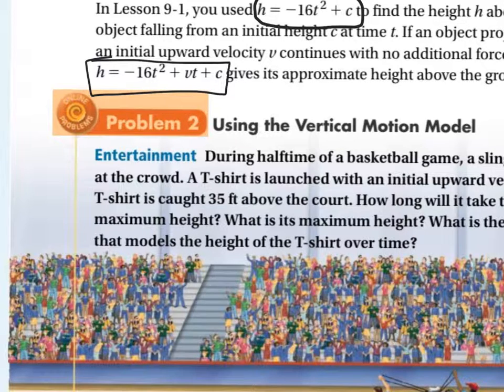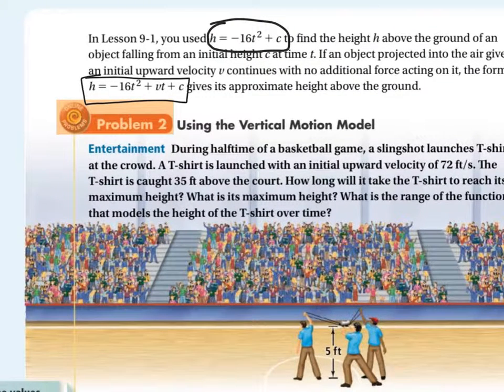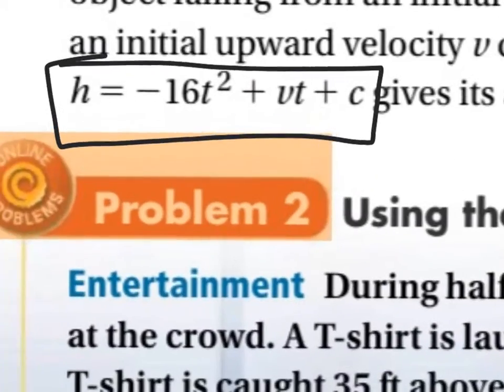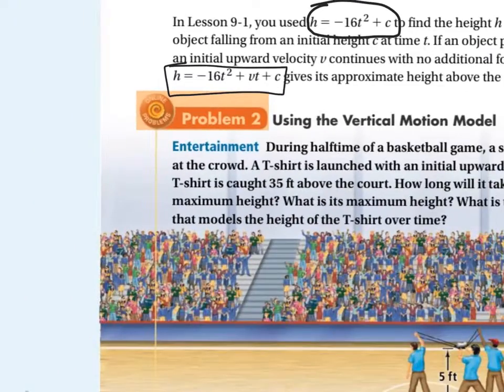In this case, we're going to be talking about if we launch a t-shirt. So the launching is going upward and the gravity is going downward, and we're starting with an initial height. So we've got really kind of 3 different components to this. So that's going to be an equation. If you're doing one of these problems like this, that'll be an equation you'll be wanting to look for to give you a starting point.